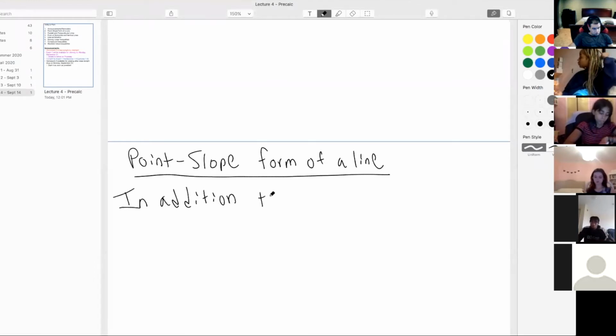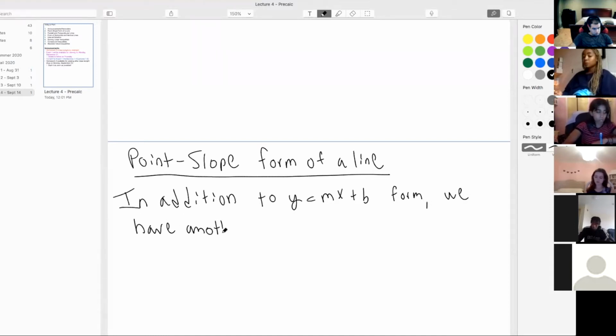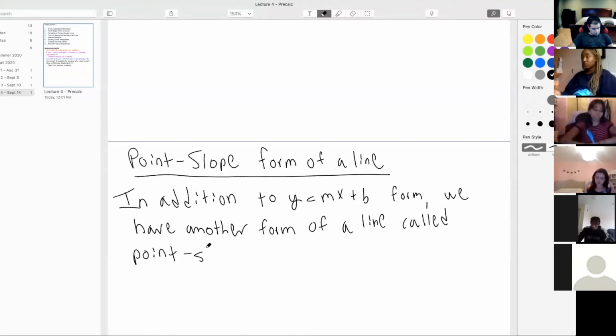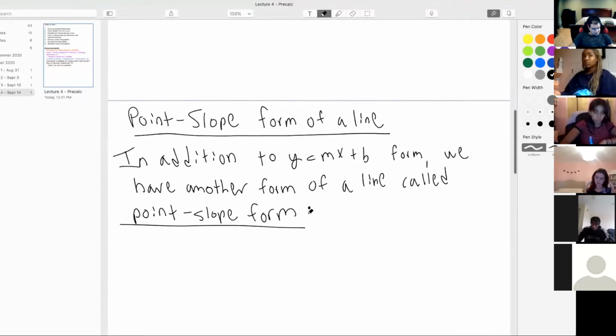In addition to y equals mx plus b form, we have another form of a line, and it's called point slope form, okay? And it looks like this.